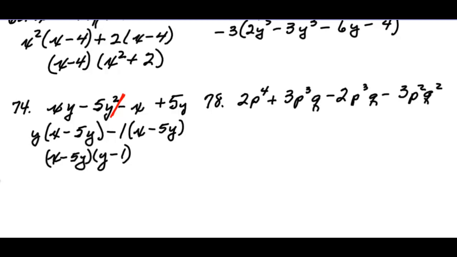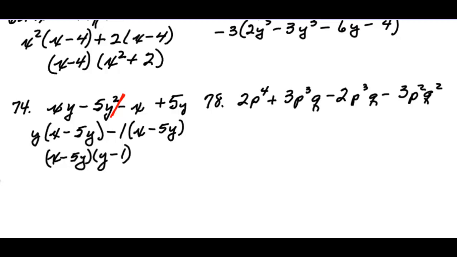Now, this last one, number 78, is very, very challenging. We're going to take a look at it because in this particular problem, first we're going to pull out common factors, but then we have to rearrange the terms to group them in places where they belong together.